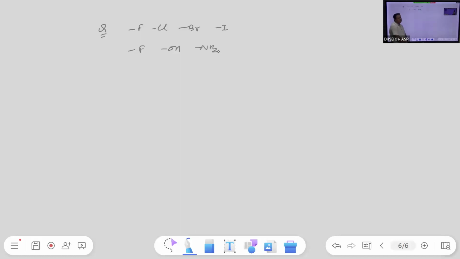Minus I means it is the shifting of sigma bonded electron towards the more electronegative element. That is the meaning of minus I effect.